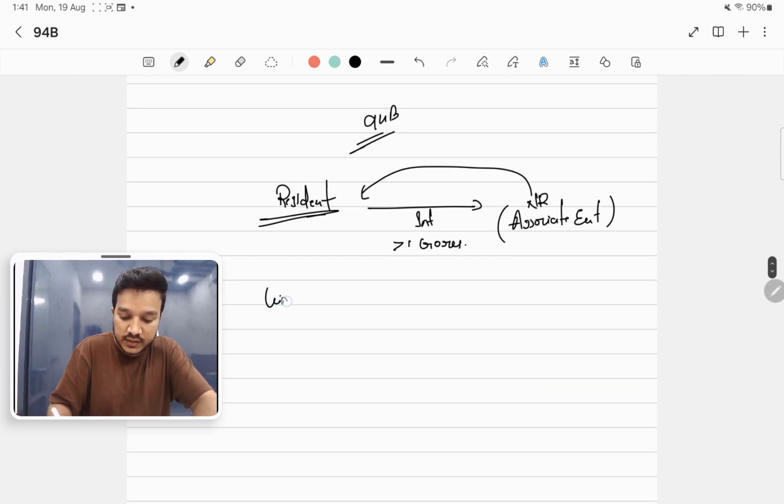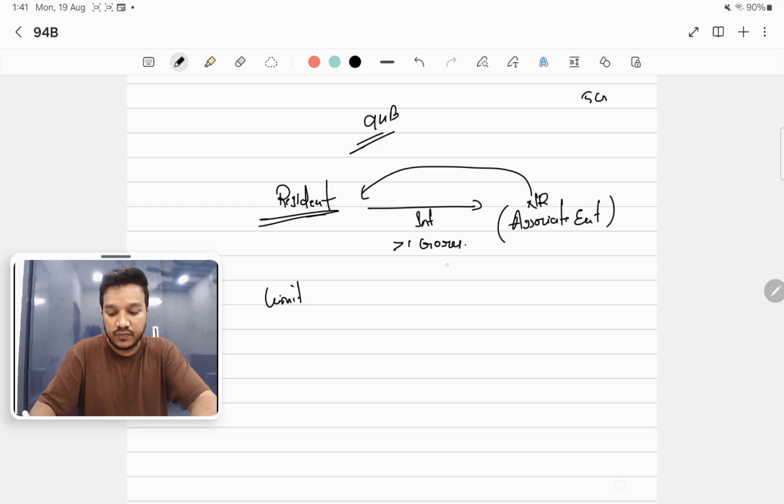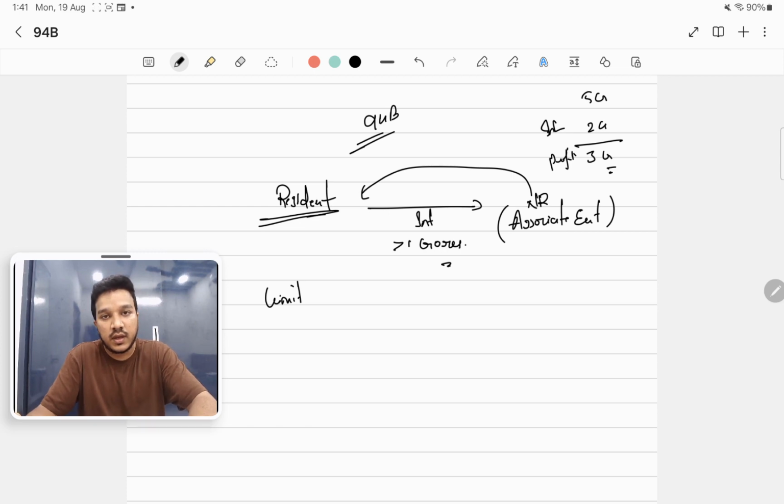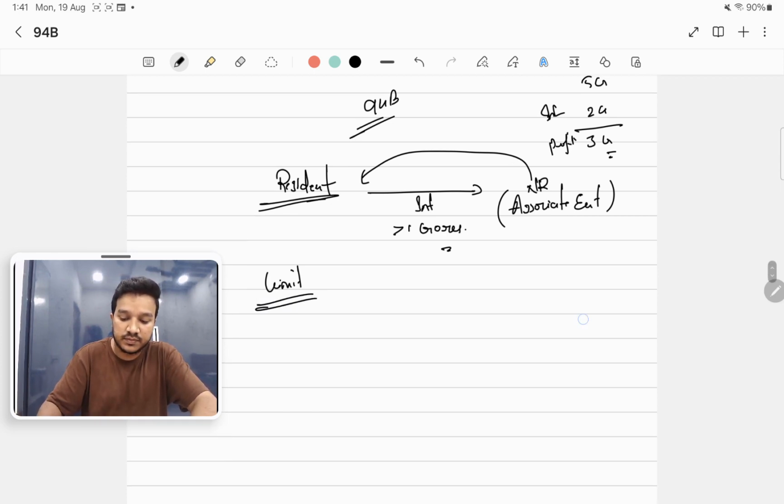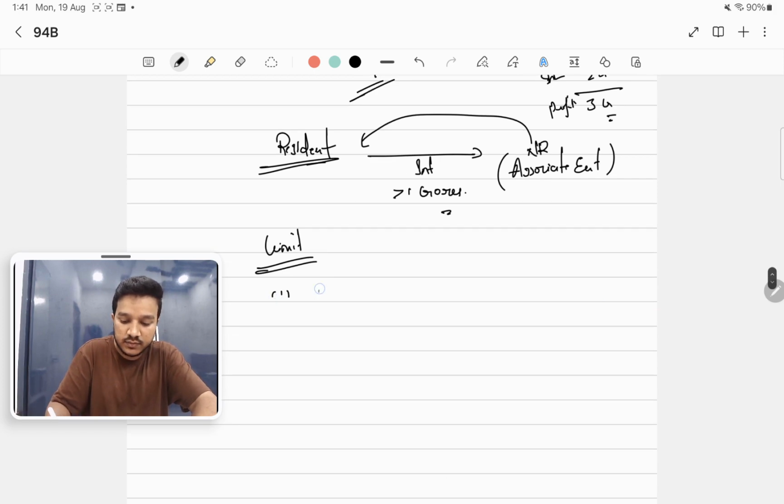What 94B says is, say you're having 5 crores profit, you're paying, sorry, take 2 crores of interest payment. Okay, now 3 crores profit you have, you're paying tax on this 3 crores. But the government of India has put a restriction which says: take total interest. Okay, total interest charges you take, from that 30% of EBITDA.